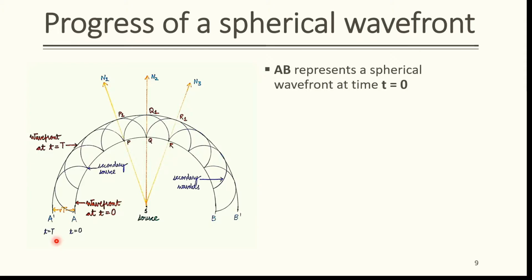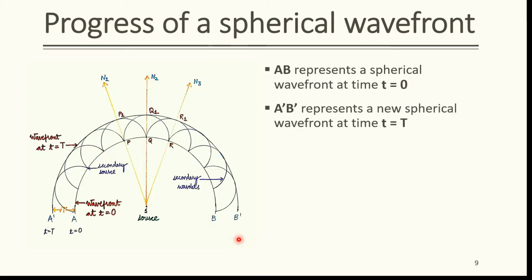Draw a tangential surface to all these hemispheres. The surface tangential to all these hemispheres represents the wavefront at time t. So the wavefront at time t will be the envelope of all these hemispherical wavelets and will be a spherical surface A'B'.